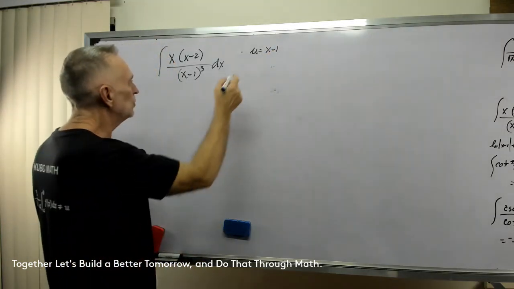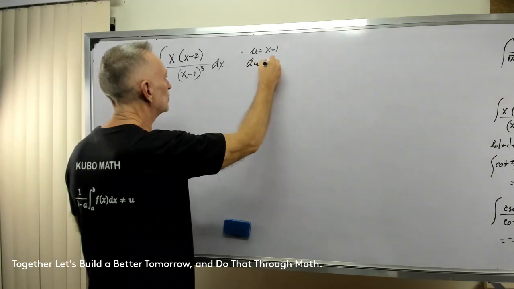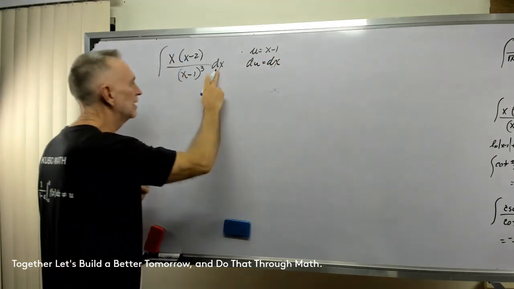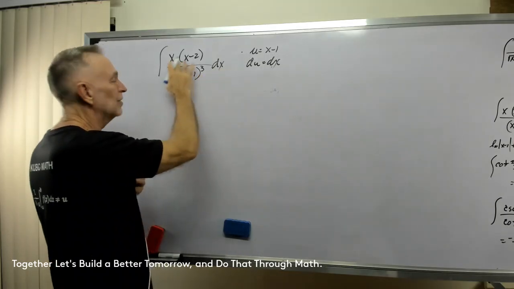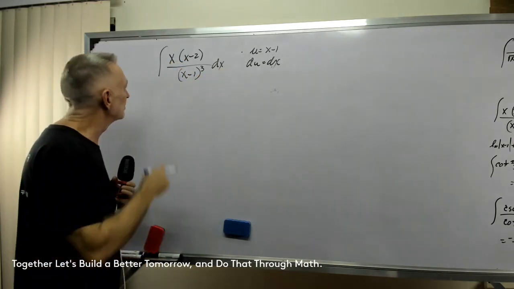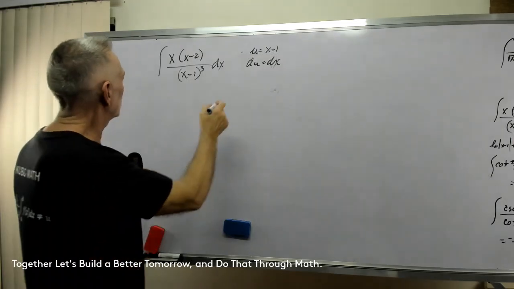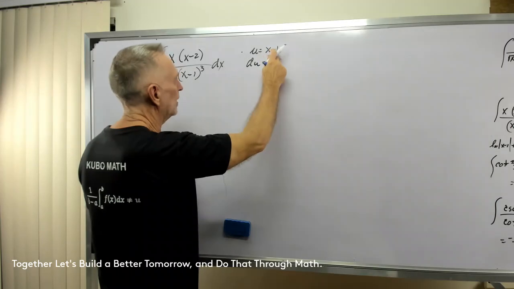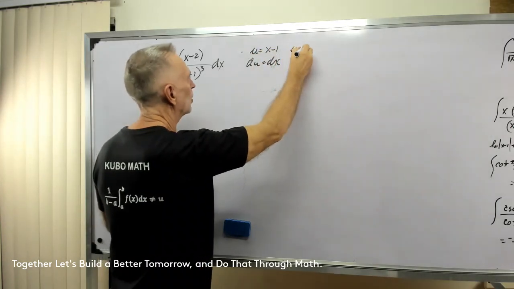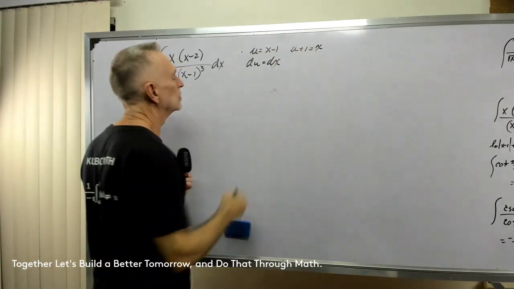Now if I do that, du equals dx. I'm just going to replace dx with du. I still have these x terms up here. What to do about them? Well, we could rewrite, add 1 to both sides: u plus 1 equals x.